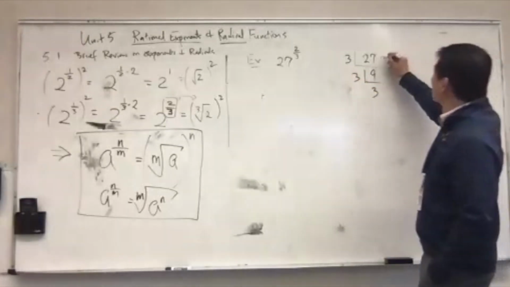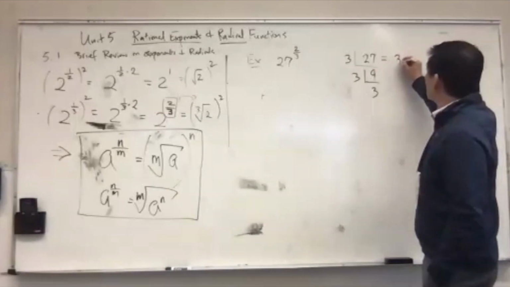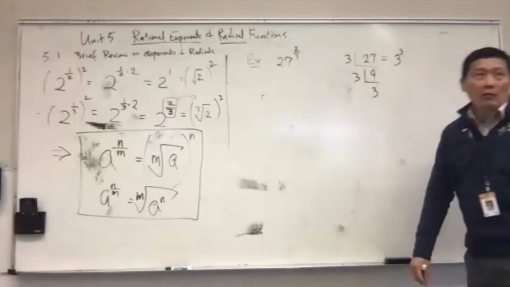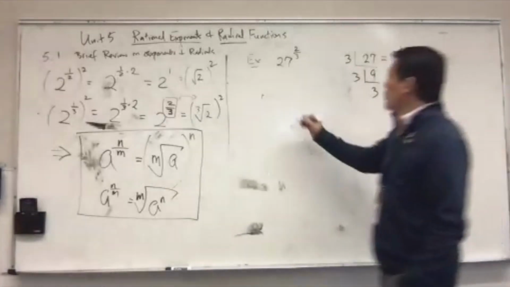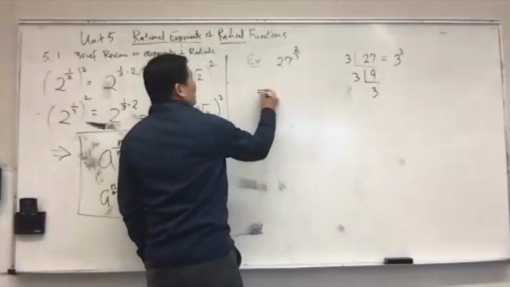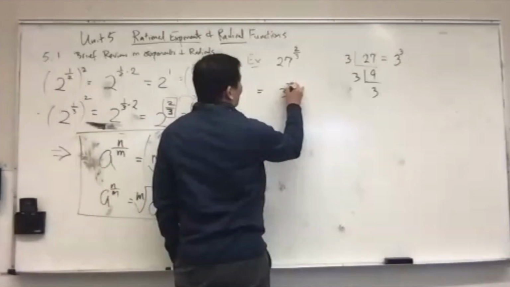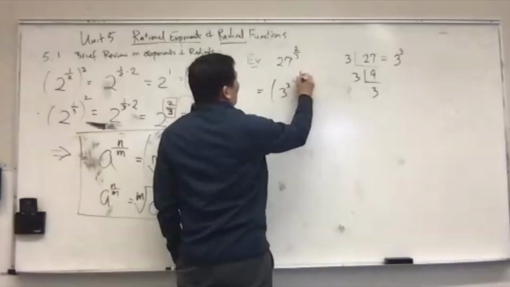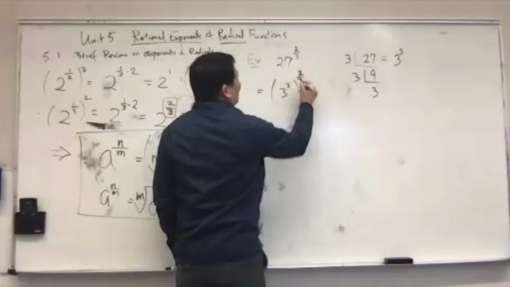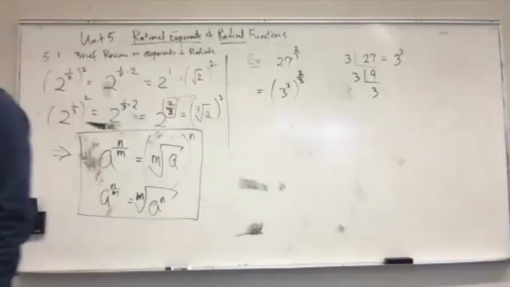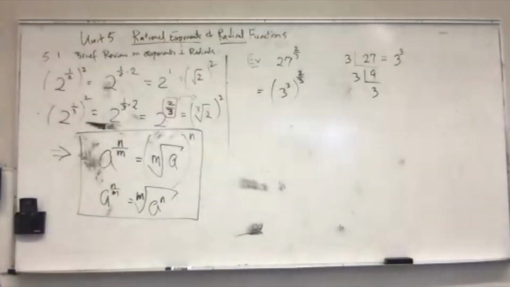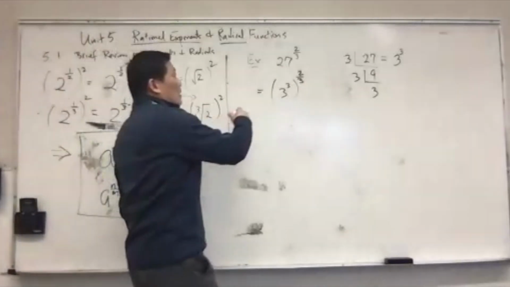Right? So I'll write it down here. This is 3 to the 3rd power. Then I go here and say, instead of writing 27, I'll write 3 to the 3rd power, to the 2/3 power. And we just learned before, right?